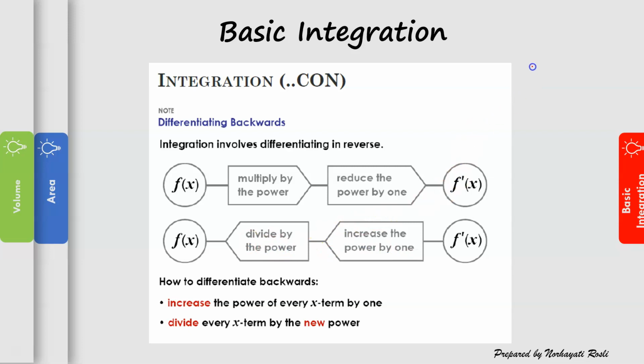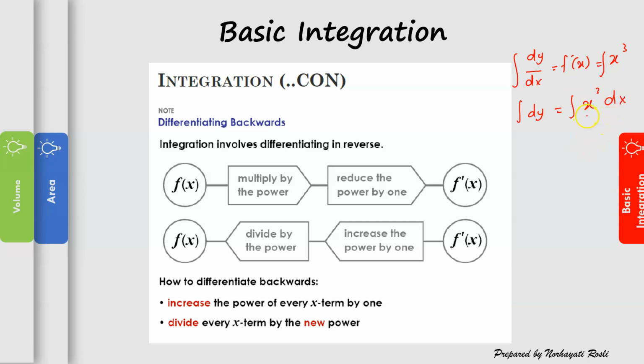What does it mean here? For example, if I have dy/dx, which is equal to f prime x, equal to x to the power of 3. In this case, when I integrate both sides, I will integrate dy equal to the integral of x to the power of 3 dx.